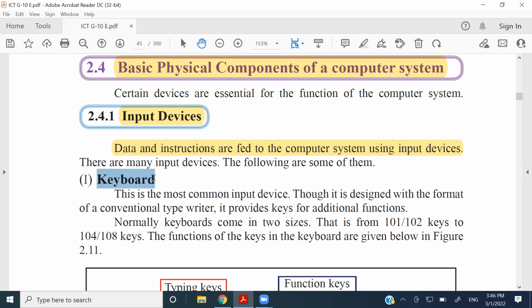So under that, you can go with the keyboard. And copy these lines.